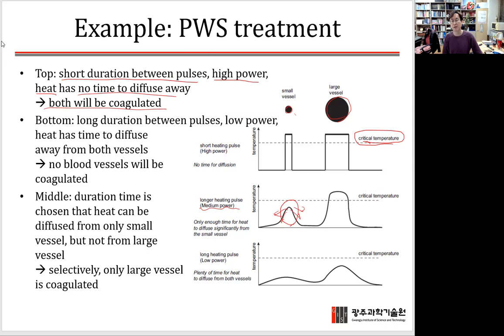But the large blood vessel doesn't have time to dissipate heat to the surrounding tissue so that the temperature is going to rise higher than the critical temperature and then start to be coagulated. So by having this way, you can selectively choose the large blood vessel to be coagulated, and then eventually this blood vessel will disappear as time goes.